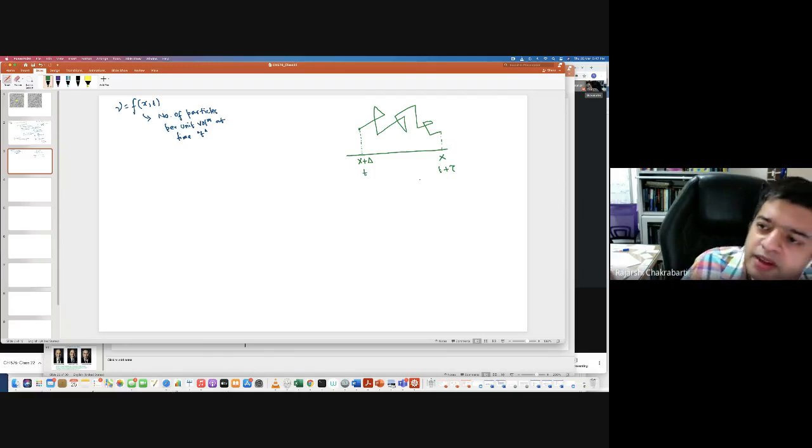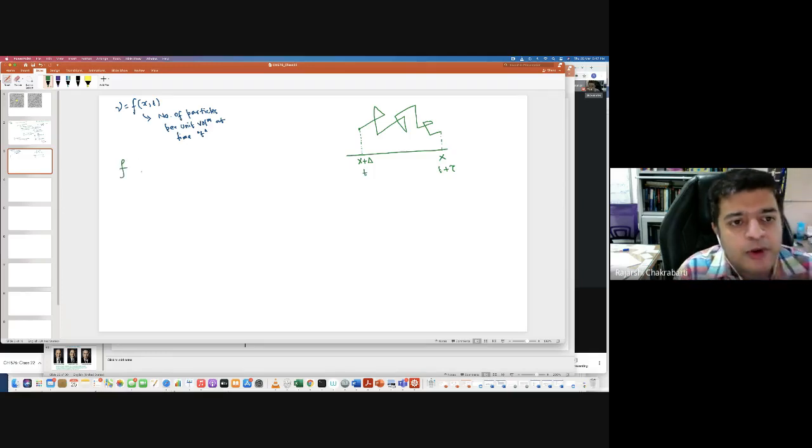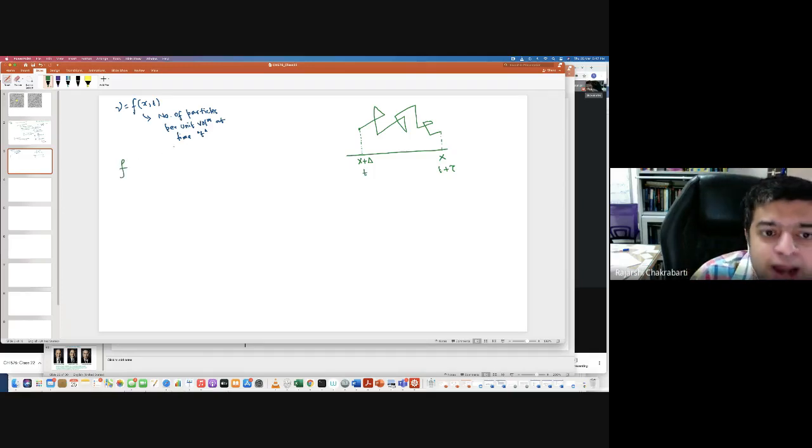What do I mean by initial and final? I mean any two events. I just take any two events. Is this clear? So I can write down the number of particles per unit volume at time t plus tau, at position x. But you had started where?